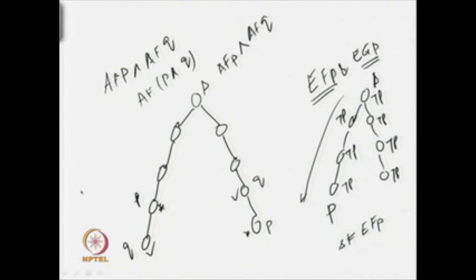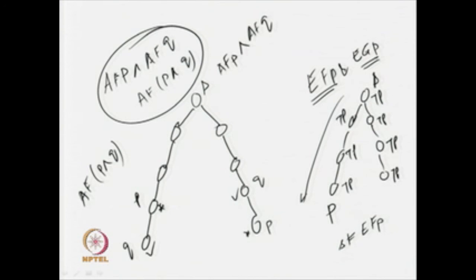But now, if you look into this particular formula AF(P and Q), then along these two paths I am not getting any state where P and Q is true, because in this particular state either P is true or Q is true. So, A(P and Q) is not true in any of the future states, so AF(P and Q) is not true. That means, these two formulas that I have given over here are not equivalent.